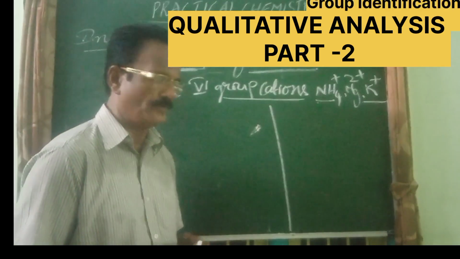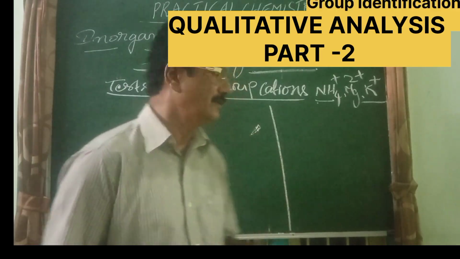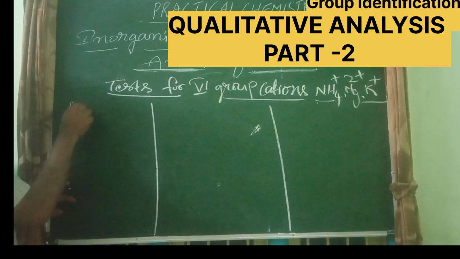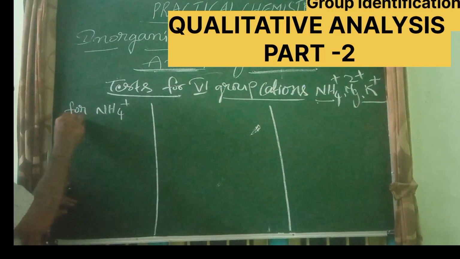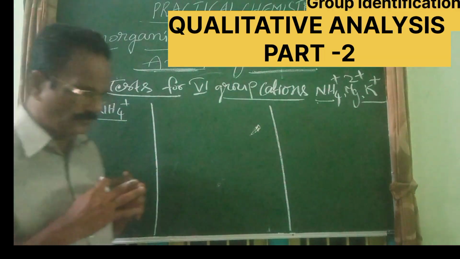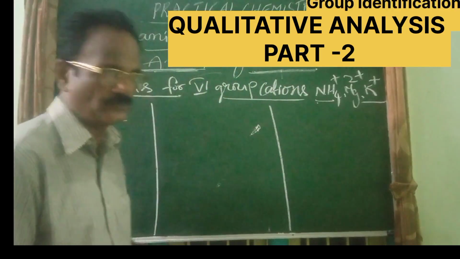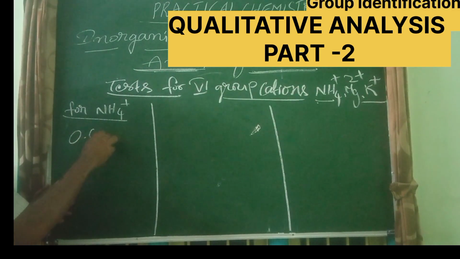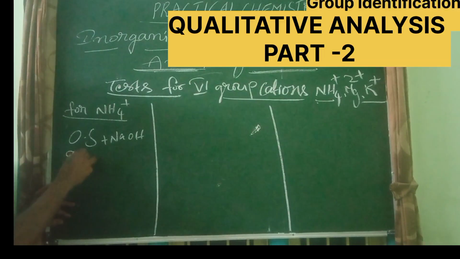See here how we can test for these cations. They are very simple. For NH4+, if you suspect that there may be NH4+ in the salt, then what you have to do: the original solution is added with NaOH and then heated.